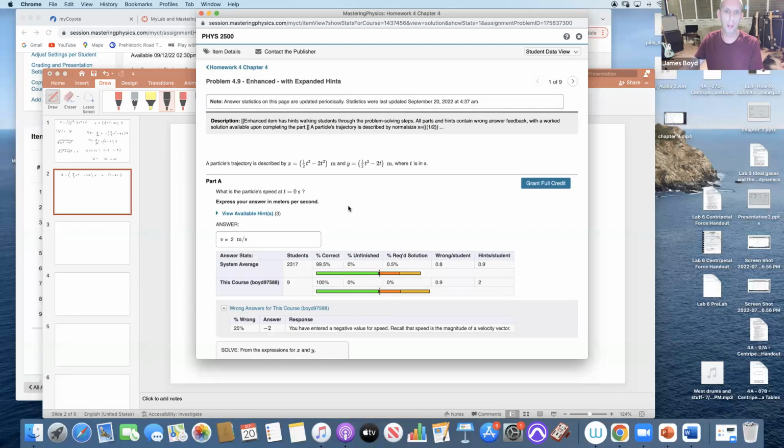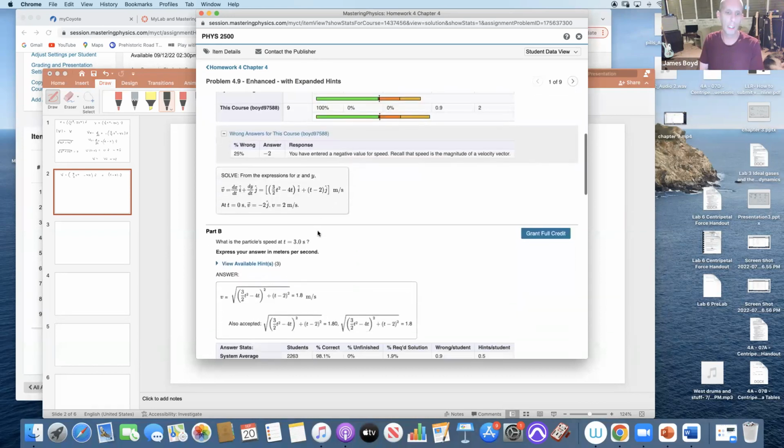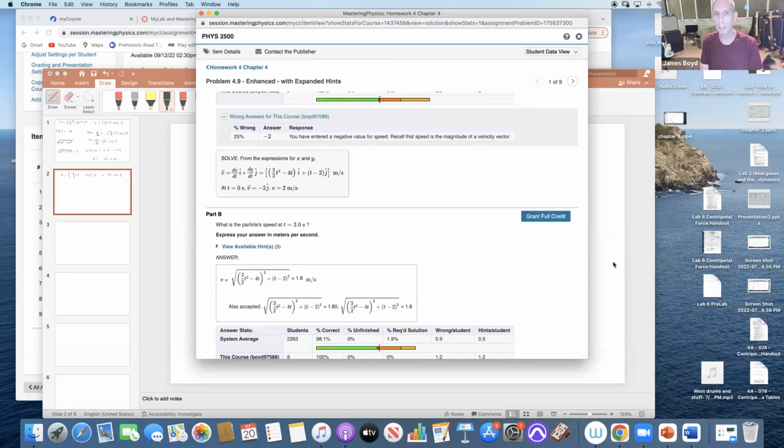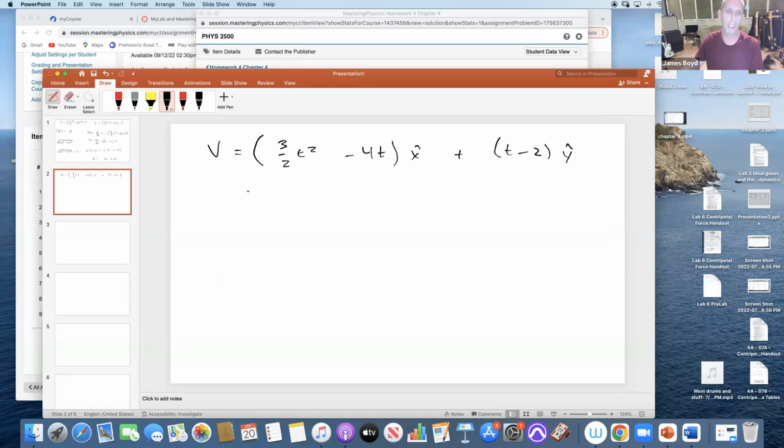And our second problem is, what is v, or the speed, when t is 3? So plugging in t is equal to 3, we're going to find vx and we're going to find vy. T is 3, so this is 3/2 times 3 squared minus 4 times 3 in the x hat, and vy is 3 minus 2 in the y hat.